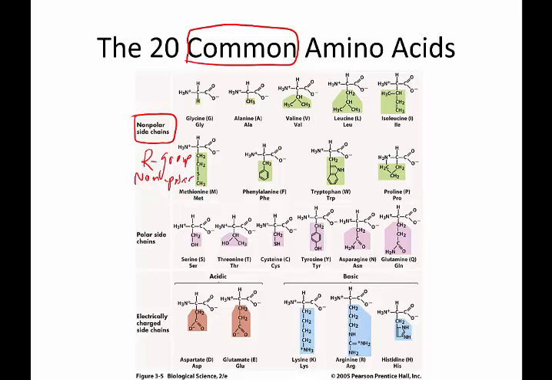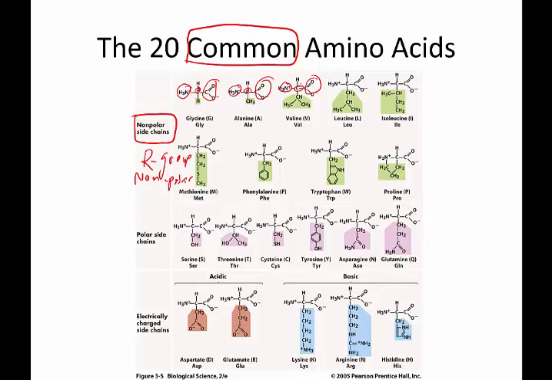And again, I said the carboxyl, central carbon, and amino group are constant. So here I can just circle all of them. There is your amino group, central carbon, carboxyl, amino group, central carbon, carboxyl. Again, those are constant. You'll see them in all amino acids. The only thing that's really changing for each of these amino acids is the side chain or R group or the variable region, or what have you.